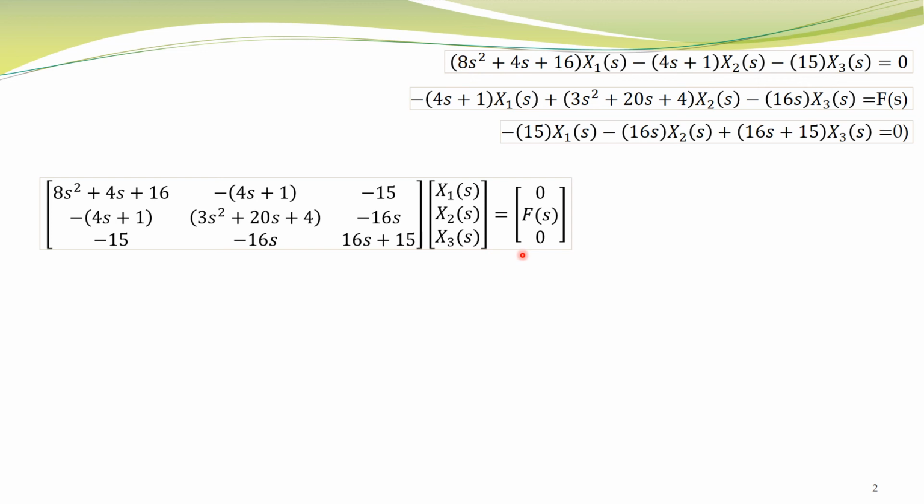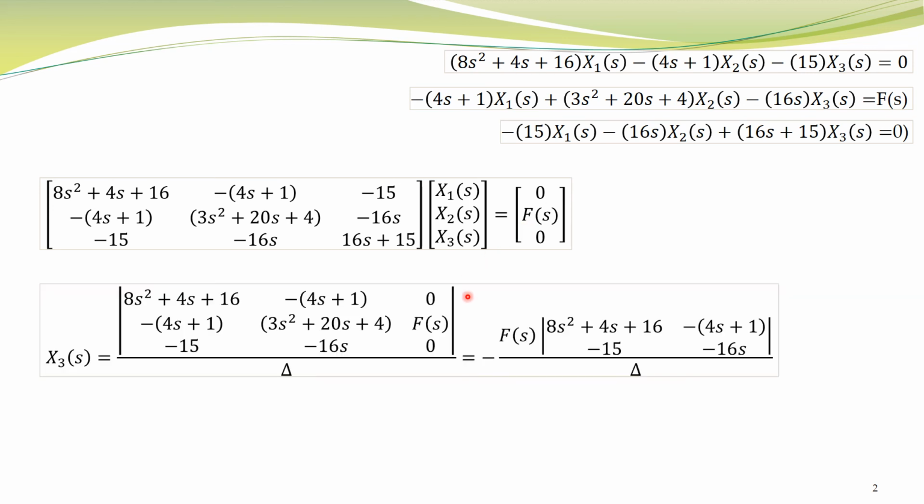We are interested in obtaining a transfer function between displacement x3 and the applied force f of s. For that purpose, we can apply Cramer's rule, with which you are well familiar. By Cramer's rule, x3 of s is obtained by this determinant of this matrix divided by delta.